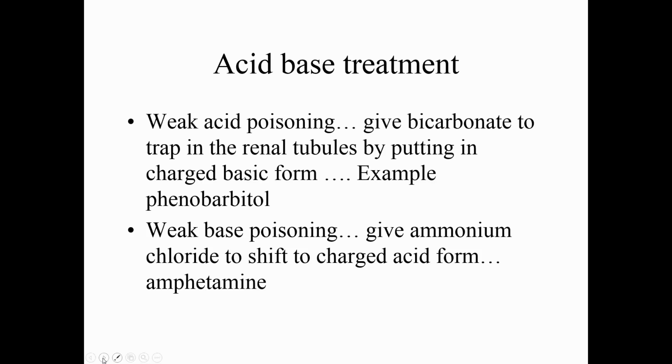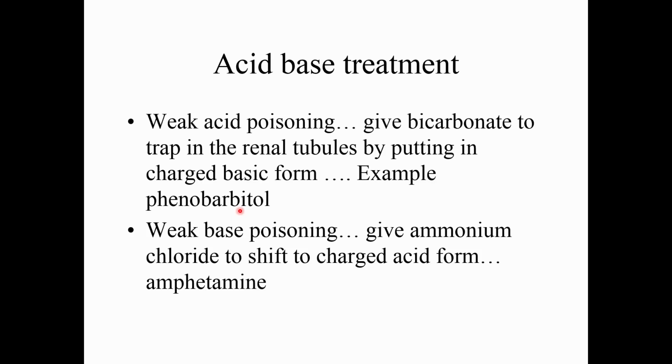So you can use acid-base information to help treat things, like weak acid poisoning or weak base poisoning. For example, phenobarbital is a weak acid, and if you had a patient who came into the ER and overdosed with phenobarbital, you can use acid-base to help your patient get rid of it.